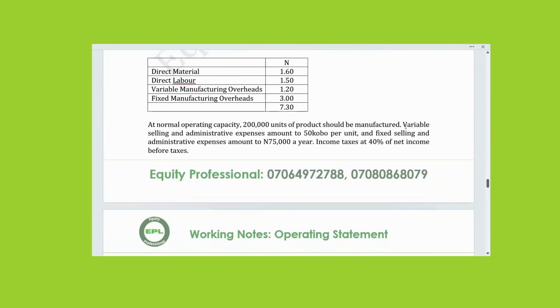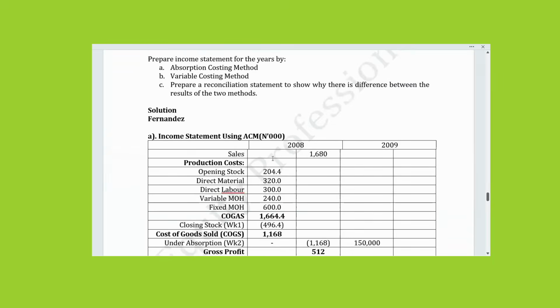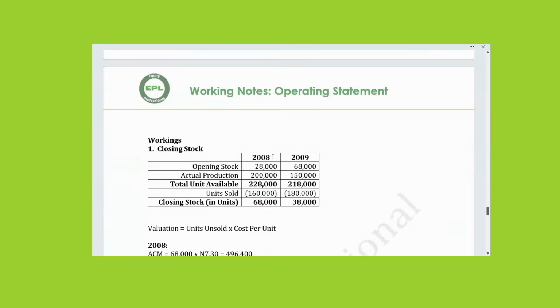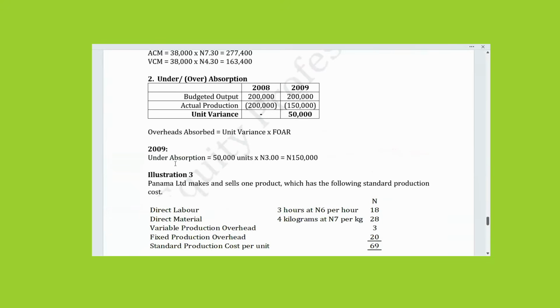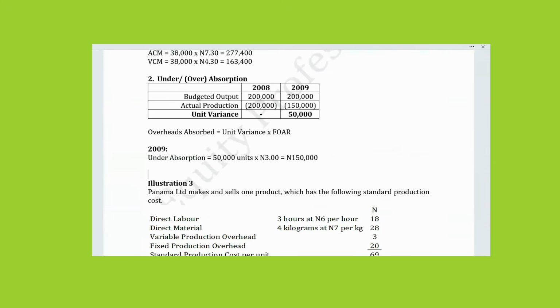In the question, we are told that variable selling and administrative expenses are 50 kobo per unit. So I can also do working for that for the purpose of this class. Ordinarily, I don't need to do working if I'm the one solving this. I will just carry my calculator. 50 kobo multiplied by units sold for each year, I will get my answer. But for the purpose of the class, I will do working for that.